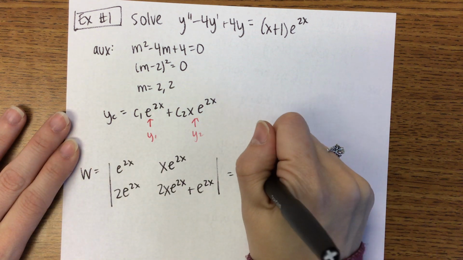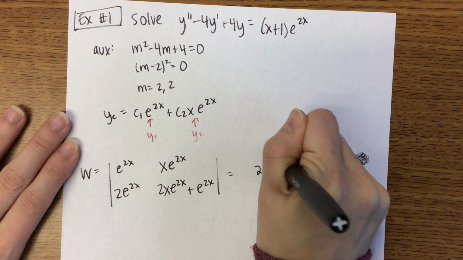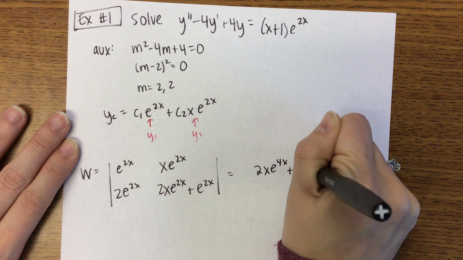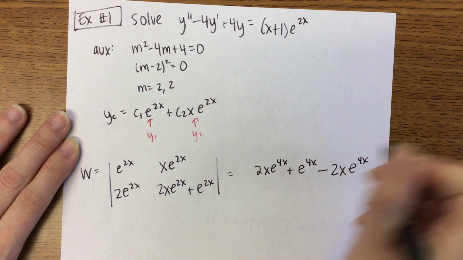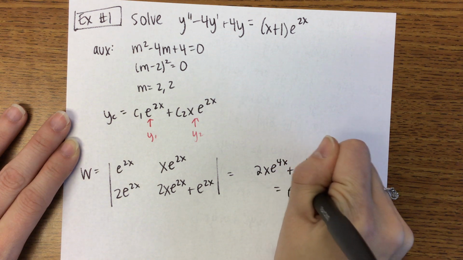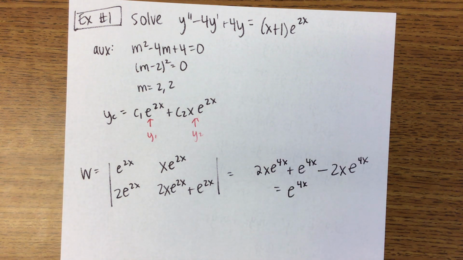Going this way, we have 2xe to the 4x plus e to the 4x minus 2xe to the 4x. So we get e to the 4x.